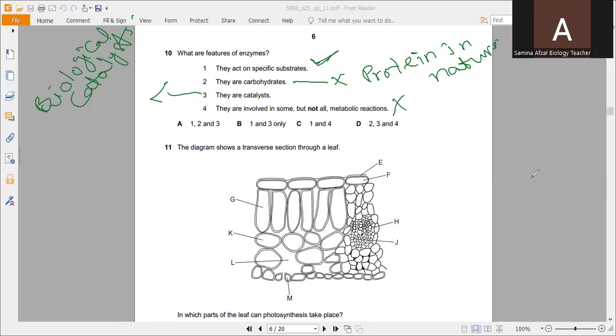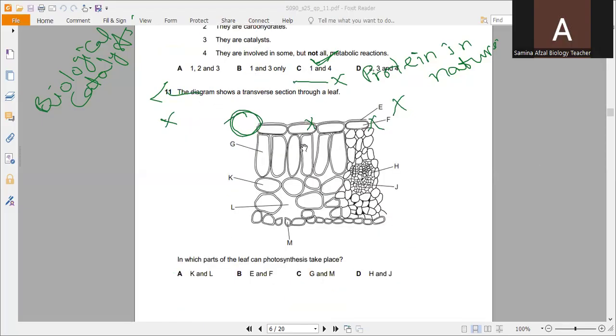No, again, this is not the correct option. So only 1 and 3 are correct. A is not correct, C is not correct, D is not correct. So only 1 and 3, and this is the option B. The correct option is B.